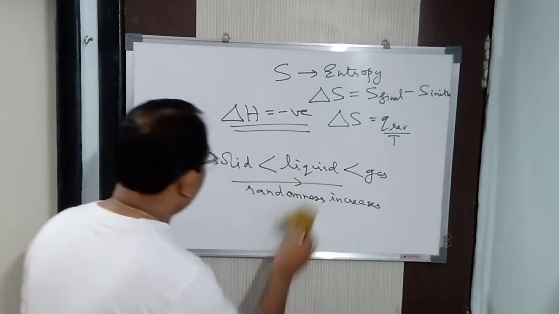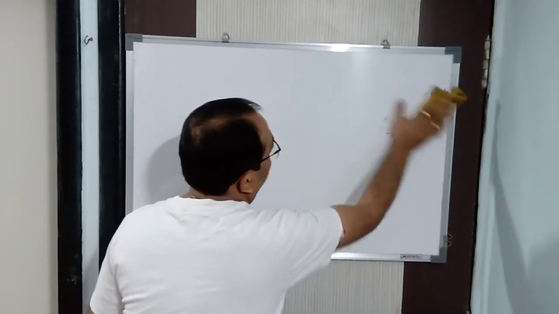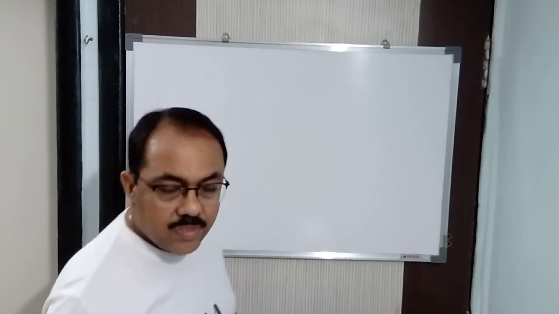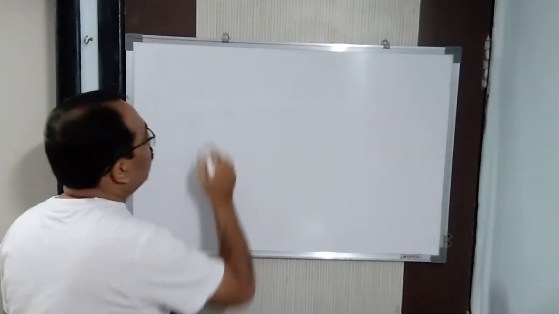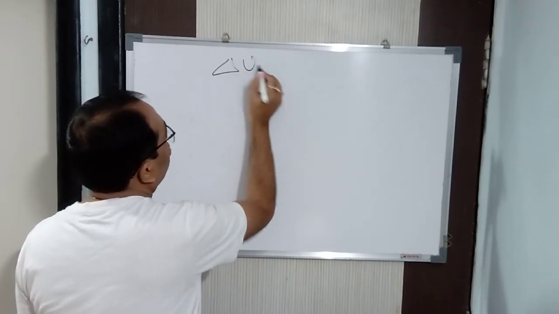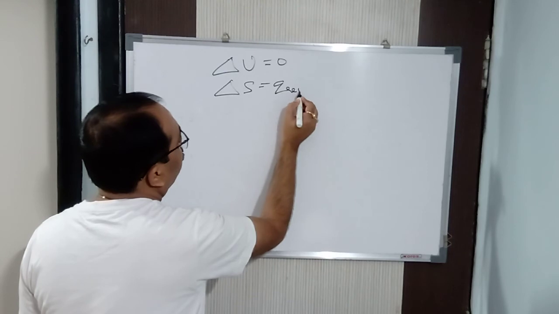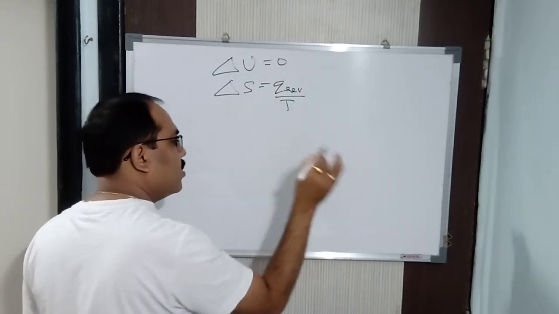I am going to calculate delta S for the isothermal reversible process of an ideal gas. Remember, the condition is very important here. Delta S is equal to Q reversible by T.